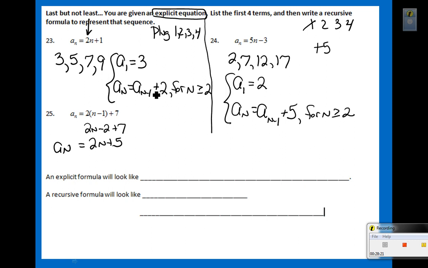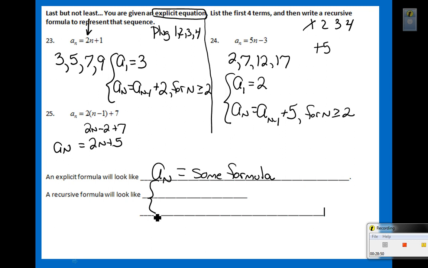So last but not least, an explicit formula will always look like this. You'll have a sub n, g sub n, v sub n. You'll have something is some formula. You'll have that every time. In a recursive formula, though, you'll have this.